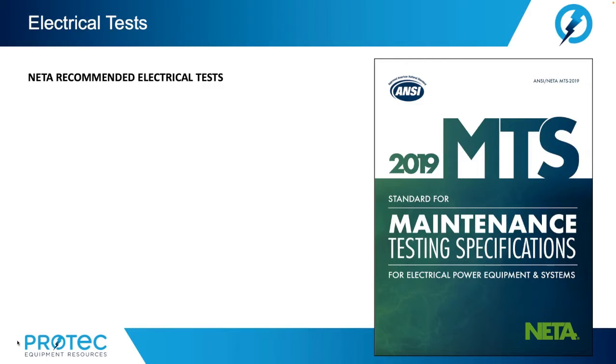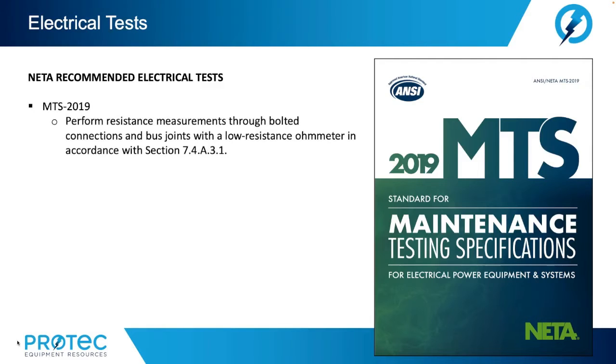Now, let's also take a look at the NETA recommendations that are outlined in the maintenance testing specifications, the 2019 MTS manual. Again, we see perform resistance measurements through bolted connections and bus joints with a low resistance ohm meter in accordance with Section 7.4.A.3.1.